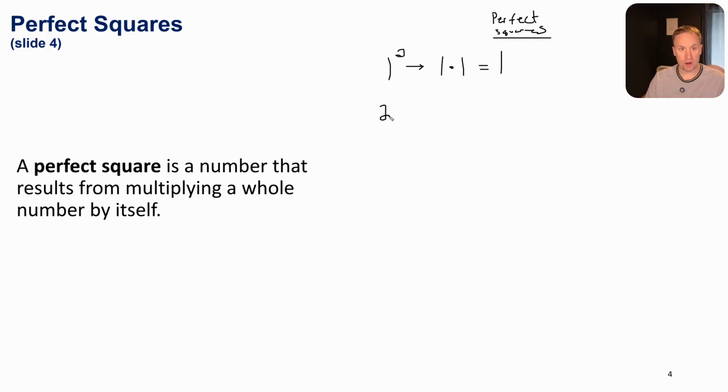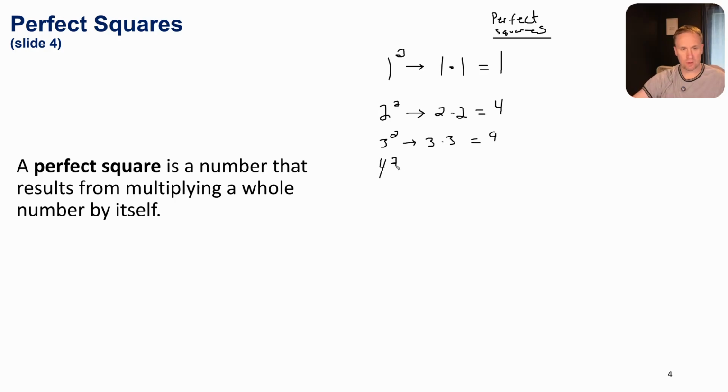So 1 squared is 1. 1's a perfect square. 2 times 2 equals 4. 4 is a perfect square. 3 squared, which is 3 times 3, which equals 9. 9 is a perfect square.